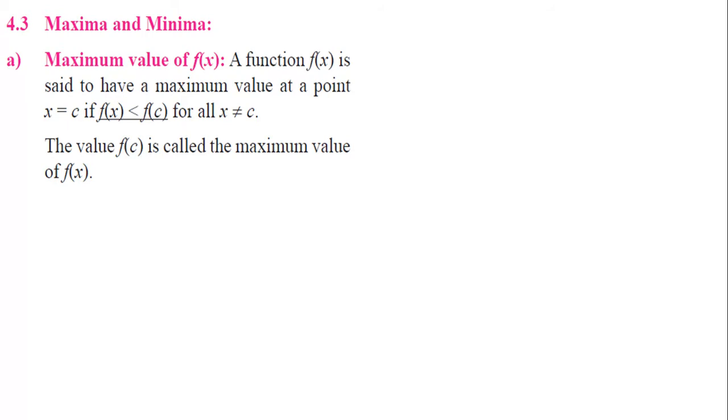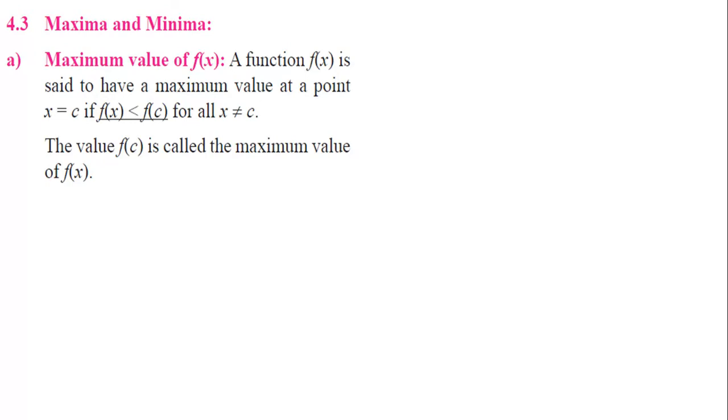Suppose at the point x = c you have f(c) as a maximum value, then other than the point c you will get all the values of f(x) less than f(c). f(c) is maximum, so that's why the value f(c) is called the maximum value of f(x).